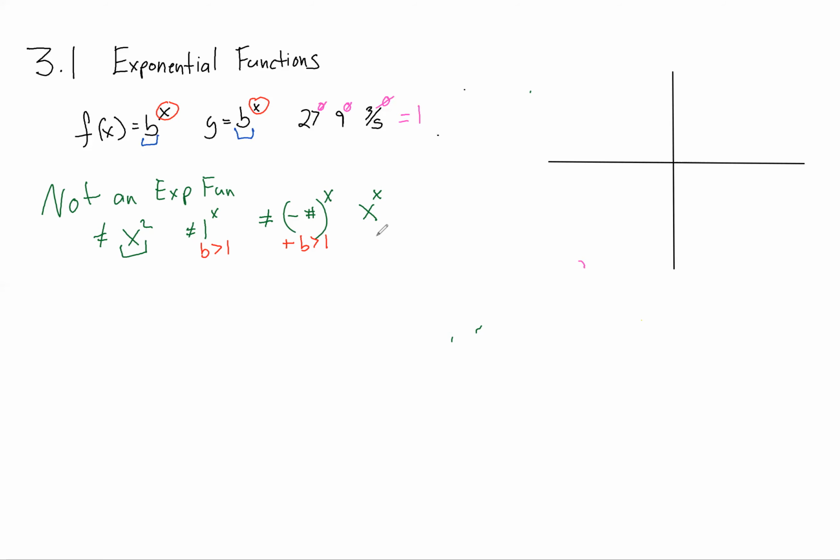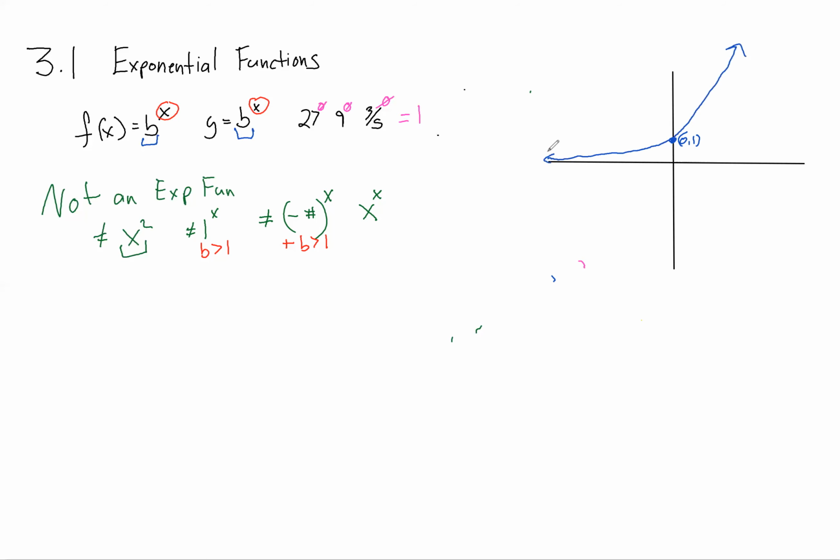So now we're going to go a little bit more into what these graphs look like. Let's start with blue, that's a nice color. Our base can be any number, but if that base is greater than 1, as you go to the left, it gets close to 0, it gets close to that horizontal asymptote there, and it hits at the point 0, 1. So we're going to get close to that and then hit and go up.